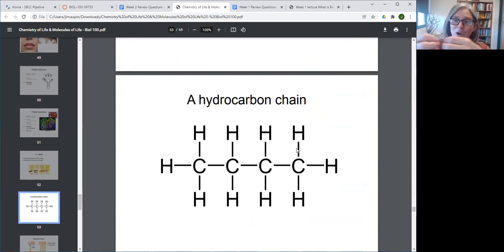So neither of them is going to pull more strongly. They're going to share equally. Because they're sharing equally, there's no charge across the molecule. There's no part that's partially positive and partially negative. This is a non-polar molecule, and water has nothing to be attracted to because this thing has no charge.